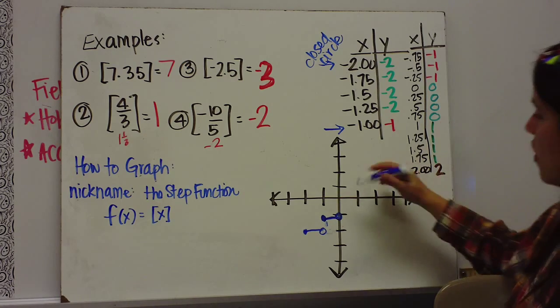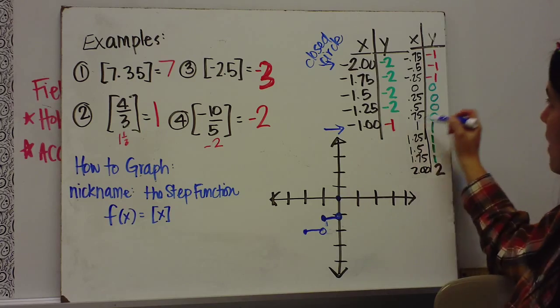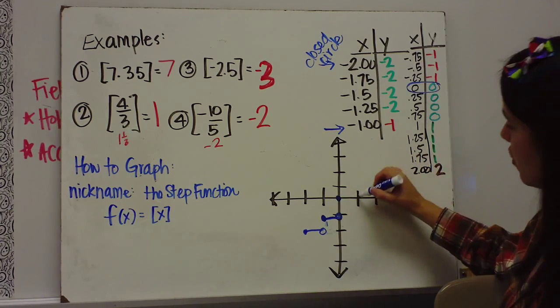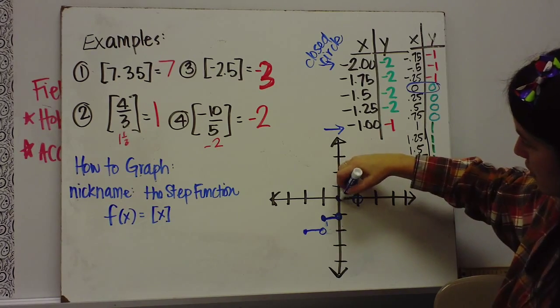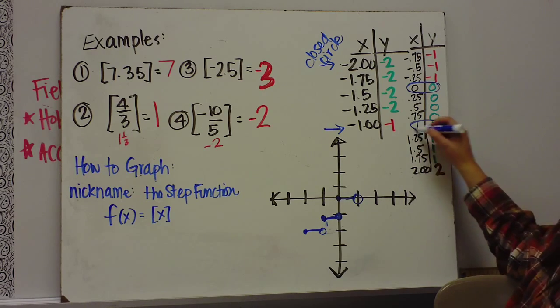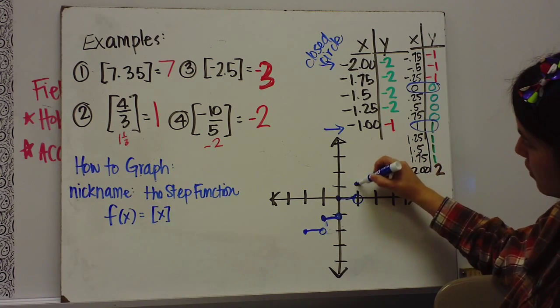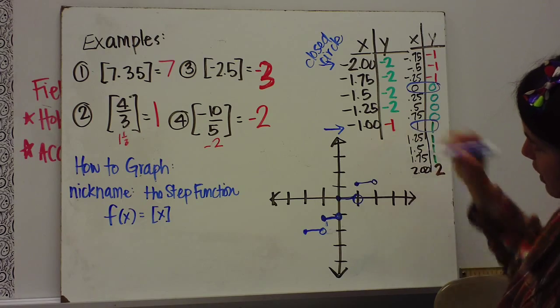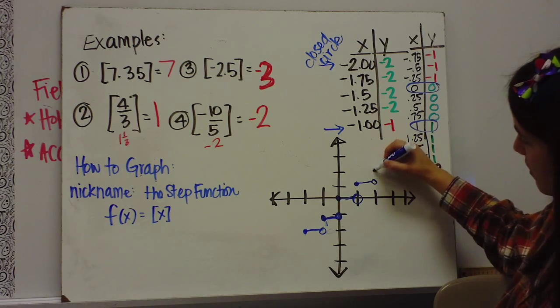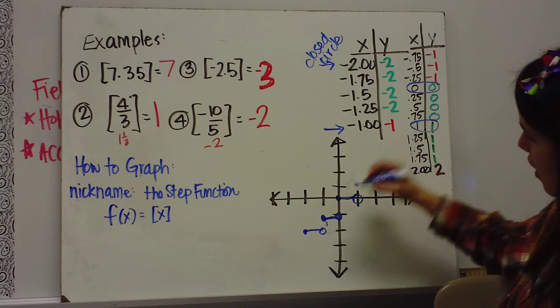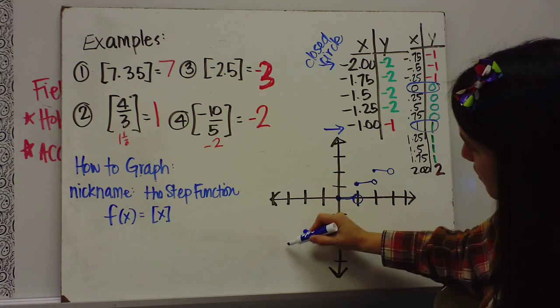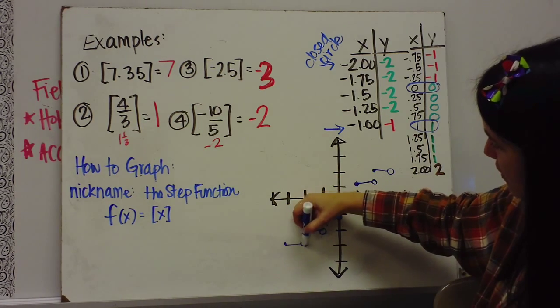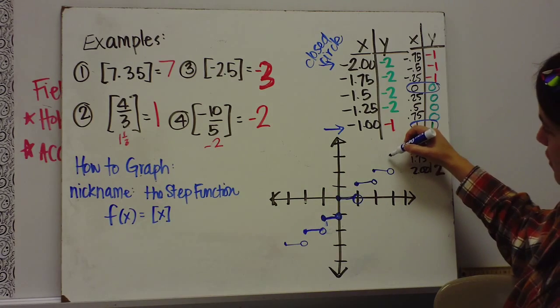From 0 to 1, it's equal at 0, 0, so it's a closed circle, but then it's open right here. And then at 1, 1, it's a closed circle, but then it's open right here. And then you would keep that pattern, always the first one being closed and the second one being open.